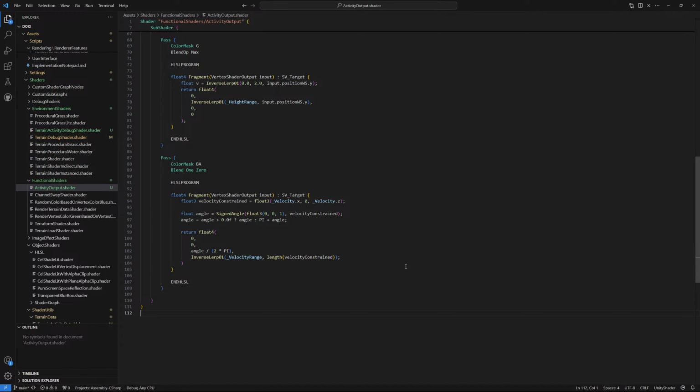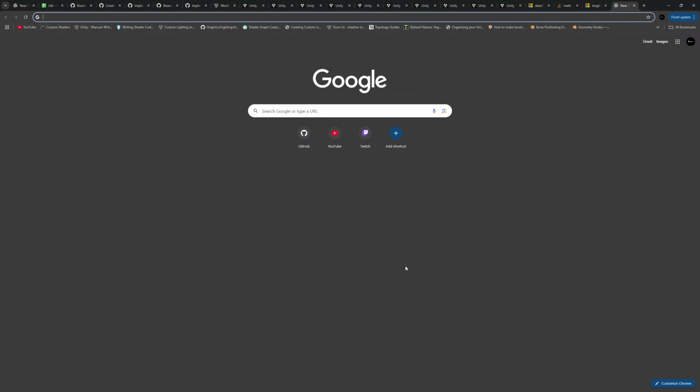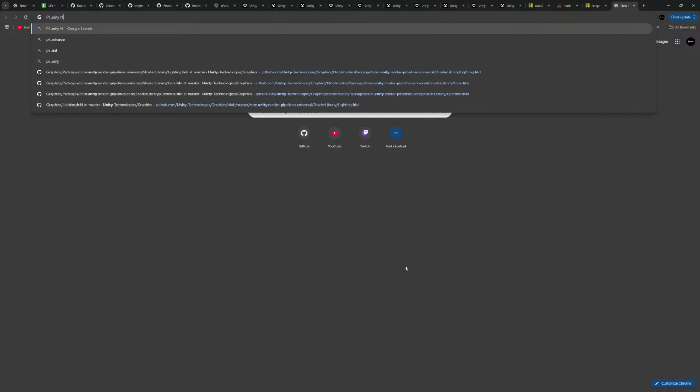2π is actually another constant called tau. Yeah, that's true. Rings a bell. But I don't think we have it defined right now. Pi, Unity, HLSL. I want to check.